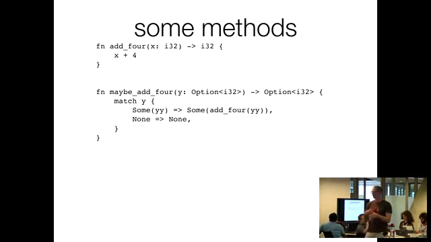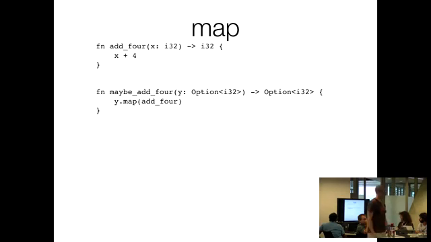This is a really common way to unpack, do something, repack. And we can express this really simply in Rust with the map method. This is a method on the option type. If there's something there, it applies the function that we pass to it. And if there's nothing there, we just pass none out of it.